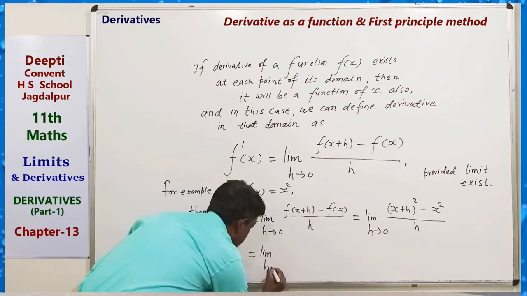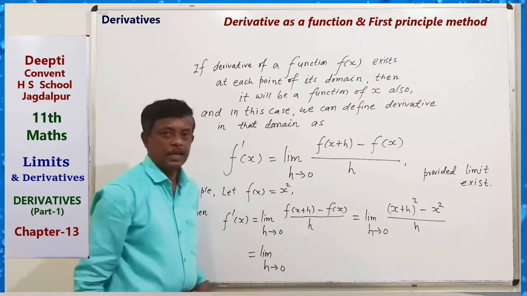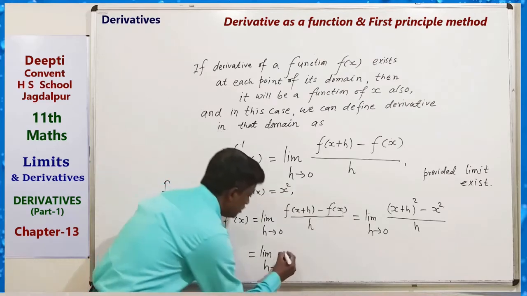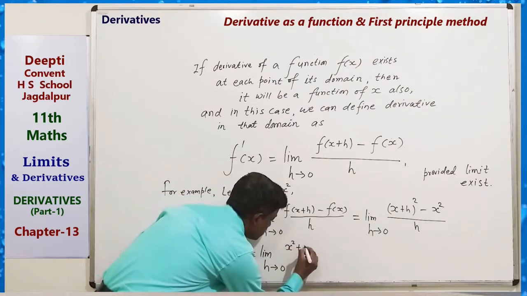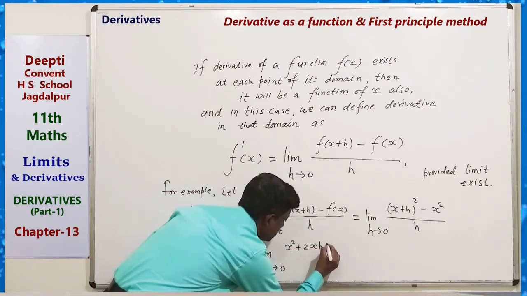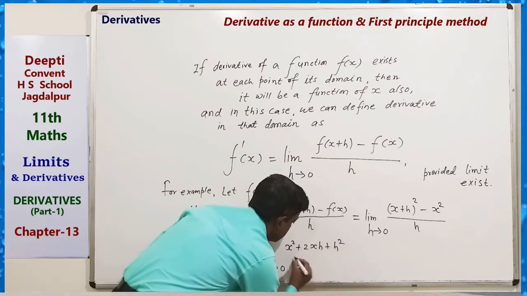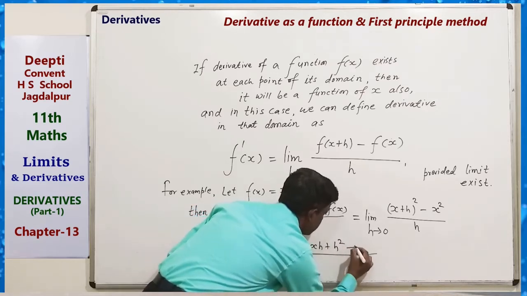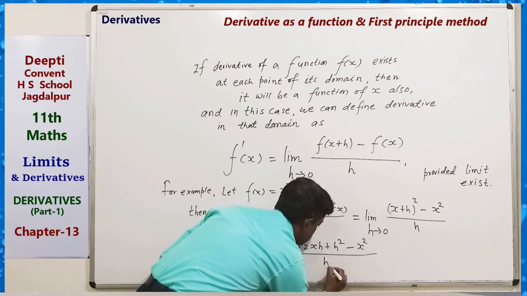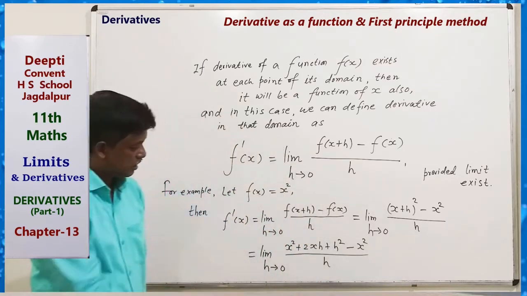So this equals x square plus 2xh plus h square minus x square. Just after solving, we get this.